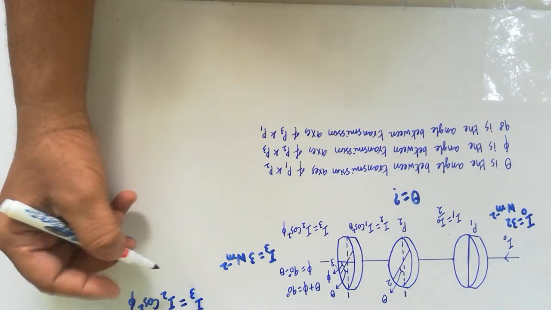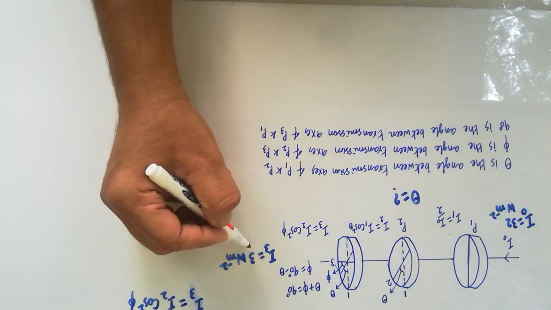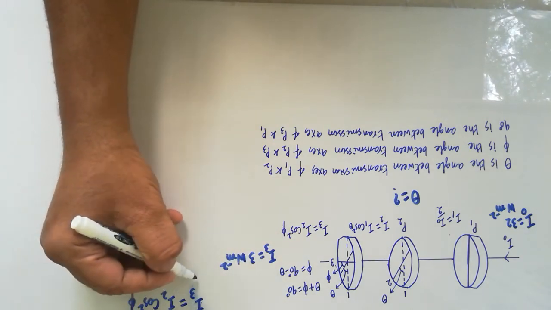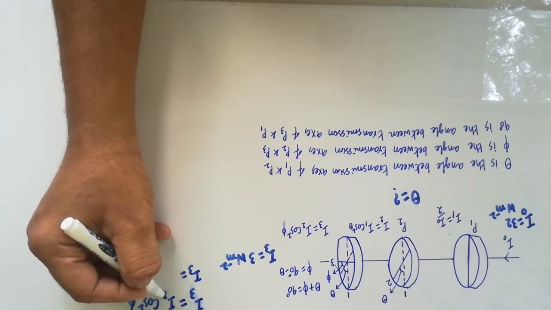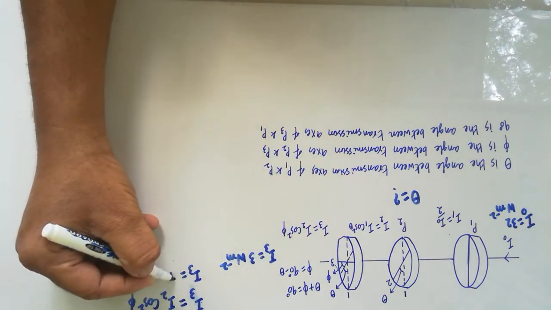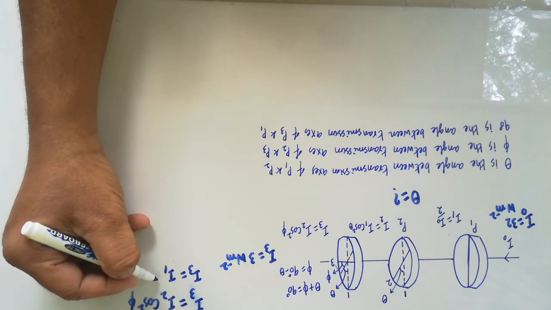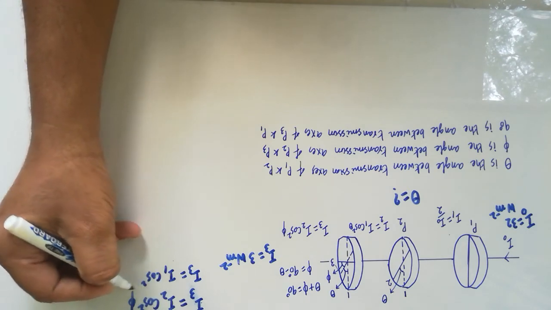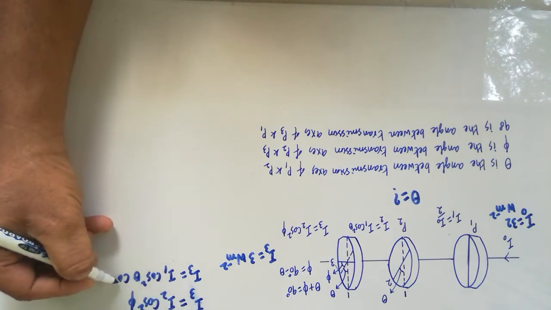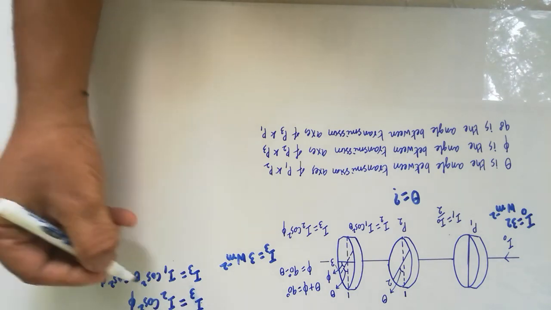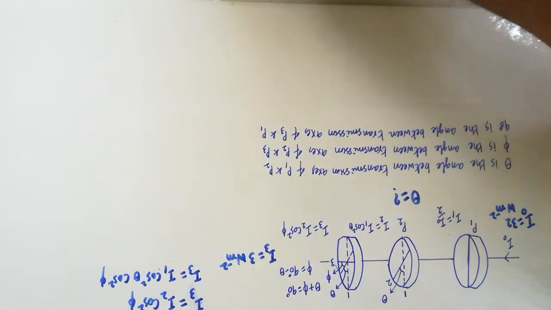This is the formula which is already written here. We know the formula for I2: I2 is equal to I1 cos square theta. Instead of I2, I have written this formula. Okay.